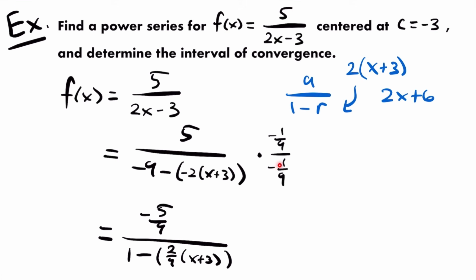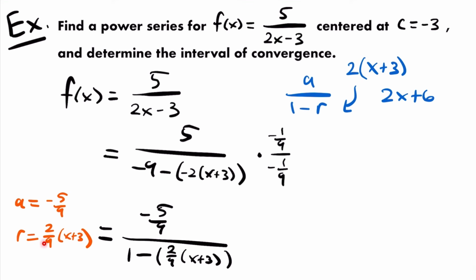And so negative 2 times negative 1 is positive 2, and then we're dividing by 9, so we have positive 2 divided by 9. Okay, so those two negatives cancel out, and so we have positive 2/9 times x plus 3. Okay, and so now our function is in the form of the sum of a geometric series that we can use to rewrite our function as a power series. In this case, a is equal to negative 5/9, and r is equal to 2/9 times x plus 3.